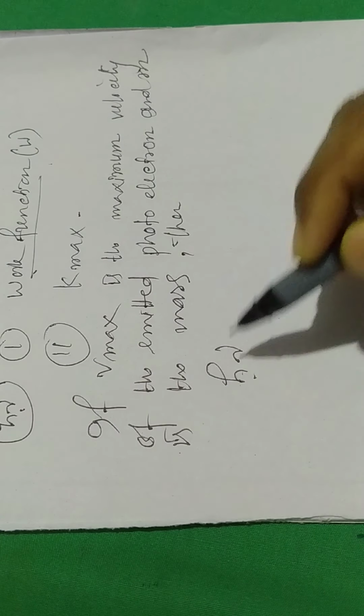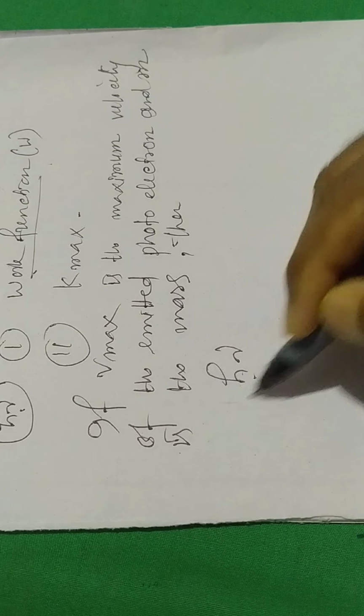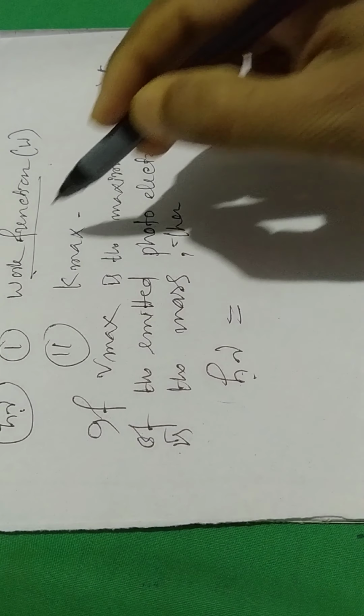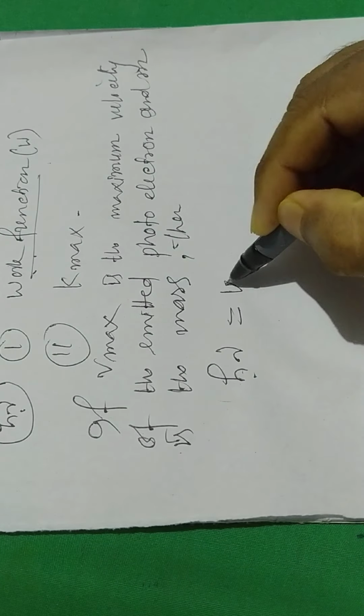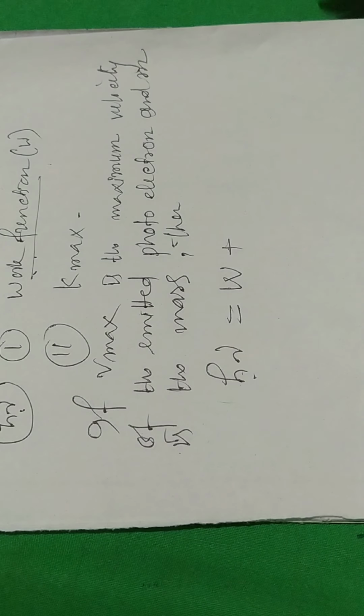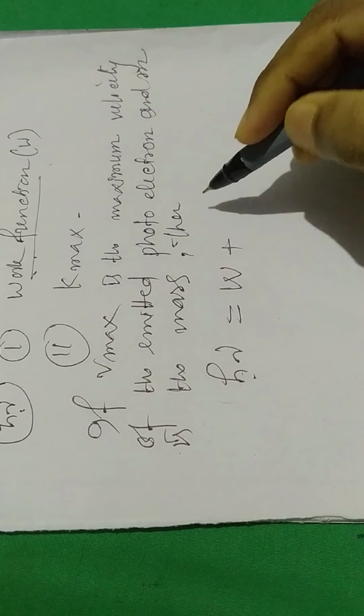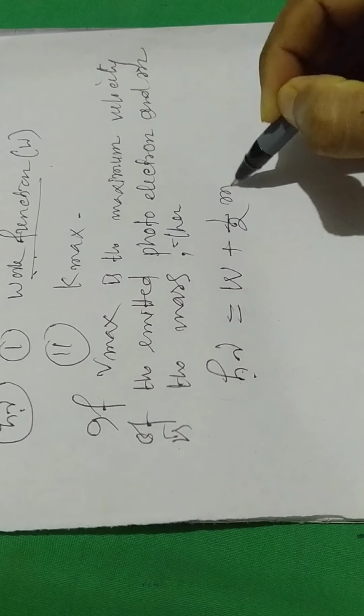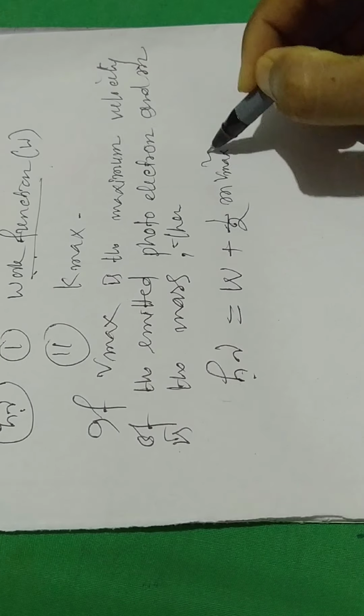This energy is divided into two categories. One part is the work function, that is W, and the rest of the energy is imparted as maximum kinetic energy to the emitted photoelectron.